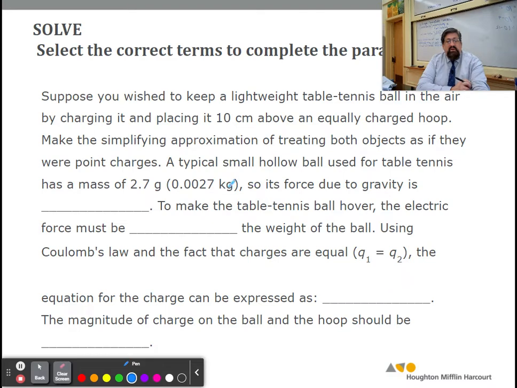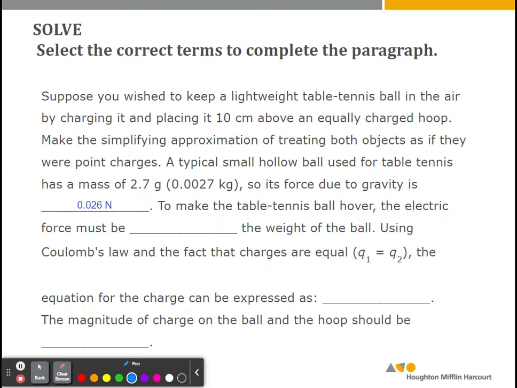We write it in kilograms because kilograms is the base SI unit. So its force due to gravity, I guess we are considering mass, we're not considering volume.